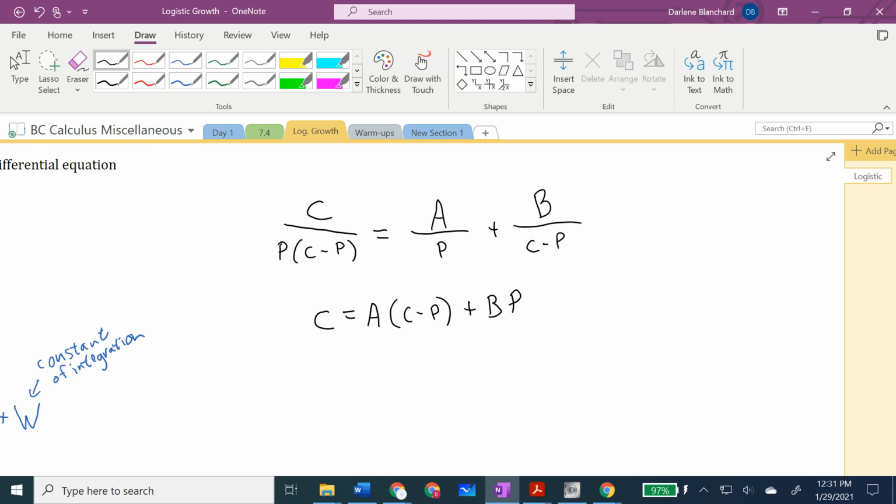The variable is P. And when you're trying to find your unknown constants here, you need to take the variable and set it equal to something. It's going to be easiest if you use the zeros of the two linear factors. So one of those zeros is p equals 0. The other zero is p equals carrying capacity.